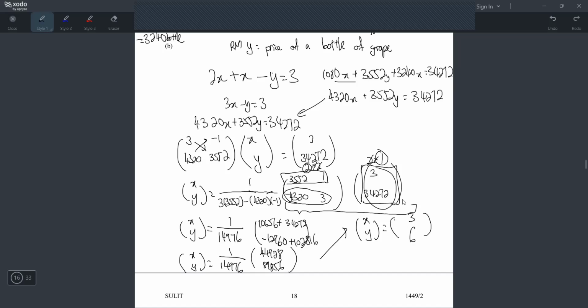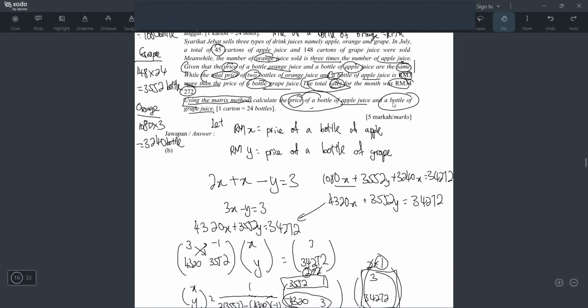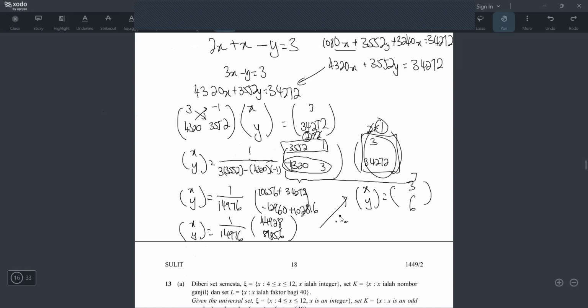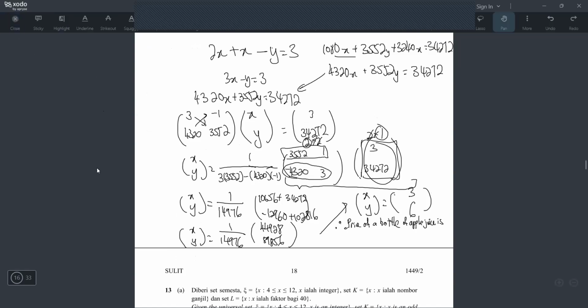But don't stop here. If you stop here, you will lose marks. I always teach in class, always after you finish here, you have to write what? Because the question never asks you to find the price of a bottle of apple and the price of a bottle of grape in that form. So if you stop here, you will not get full marks. So you have to write like this: price of a bottle of apple juice. Apple juice is RM. Apple is X or Y?